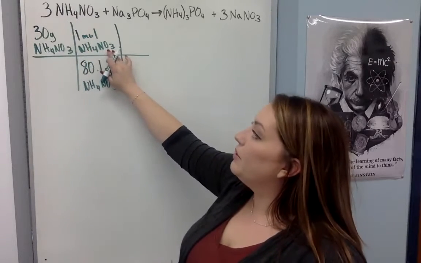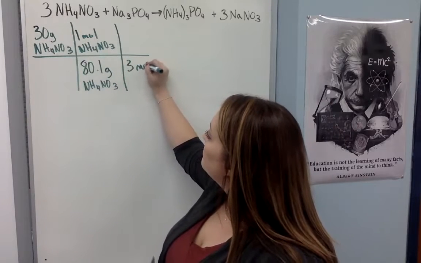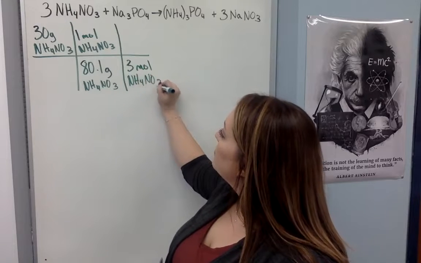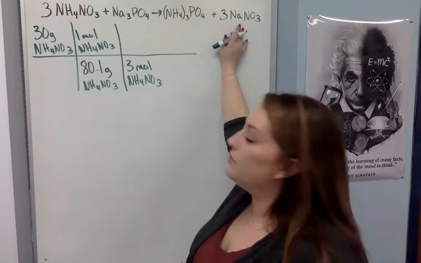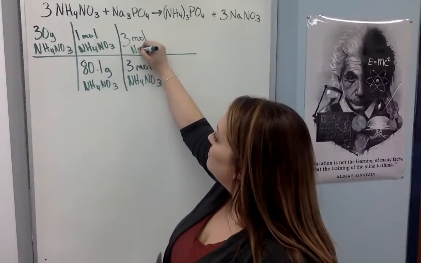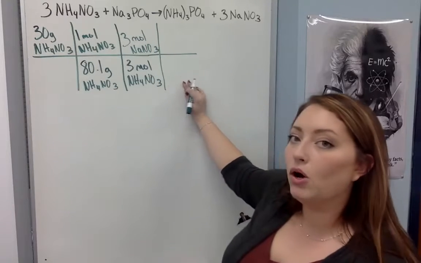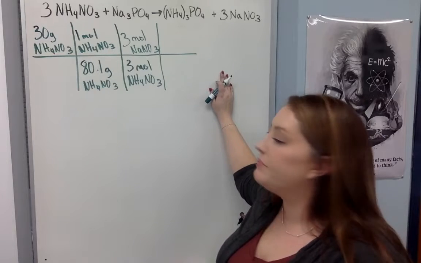Okay, so we're looking at the ammonium nitrate. We know there's 3 moles of it. And we are converting it into the sodium nitrate, which there are also 3 moles. We want to take this all the way to the mass so that we can compare the amounts of product that are being produced.